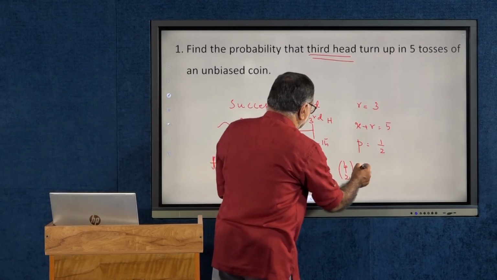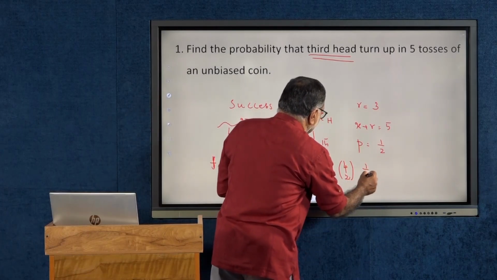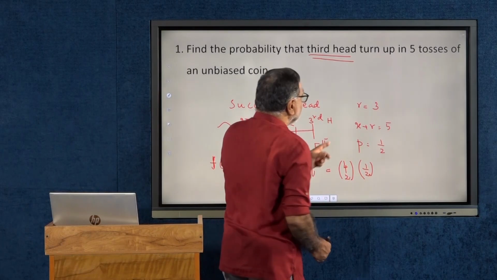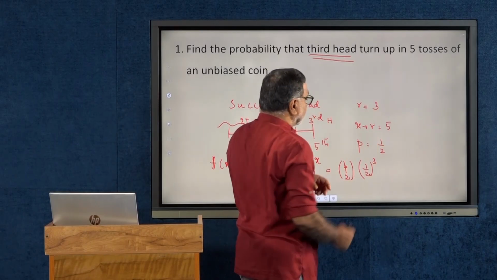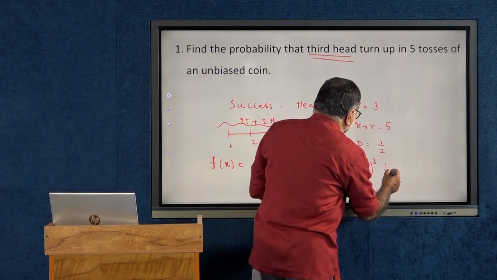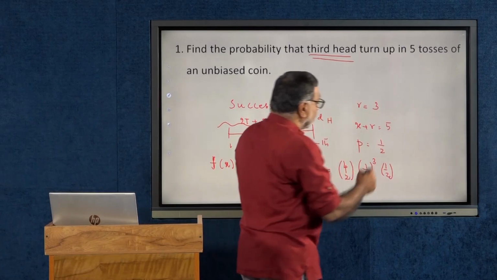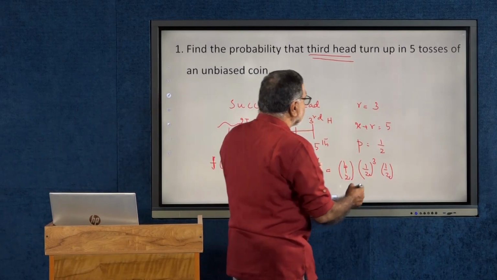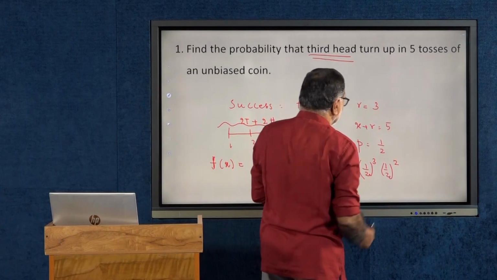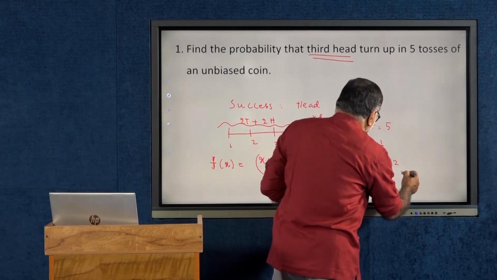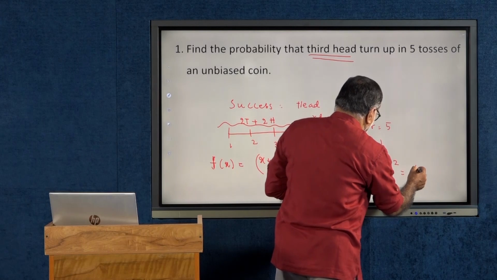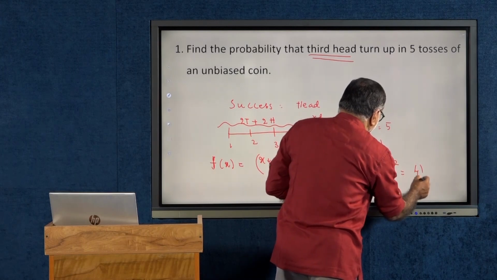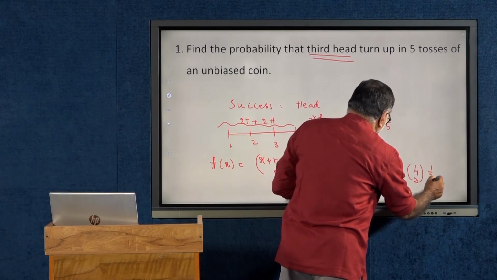P power R, P is here 1 by 2, R is the number of successes, 3, and Q is also 1 by 2, power x, and x here is 2. Combining these factors, it is 4C2, 1 by 2 power 5.